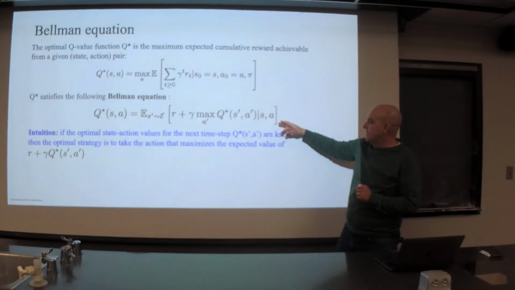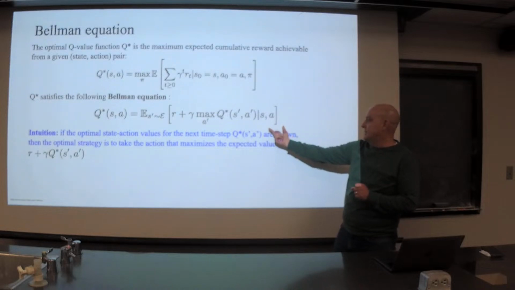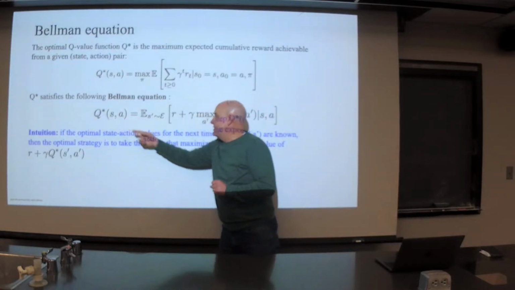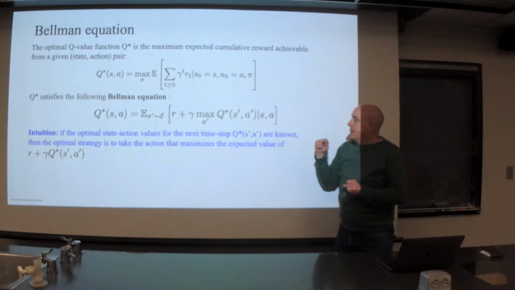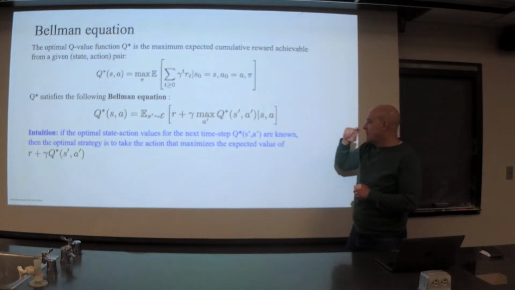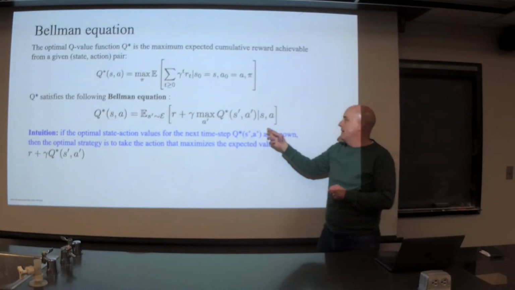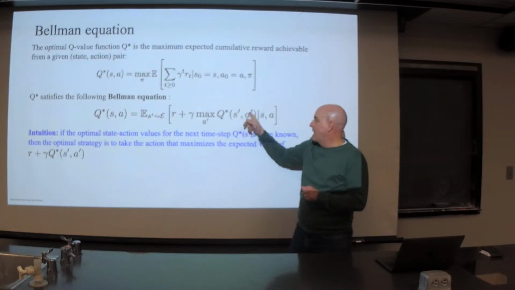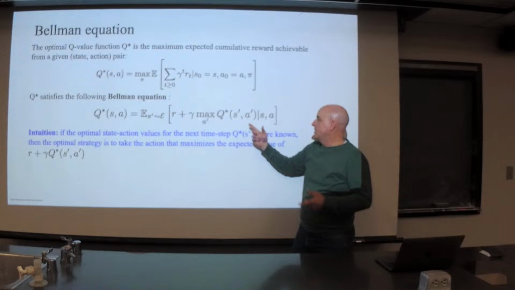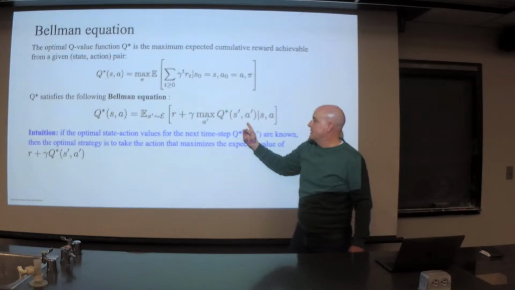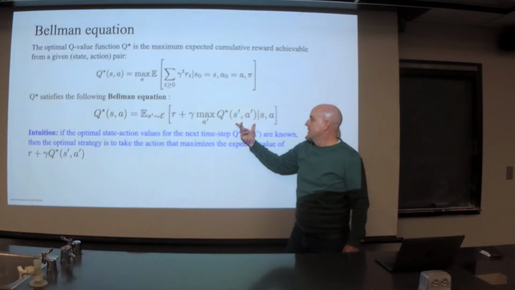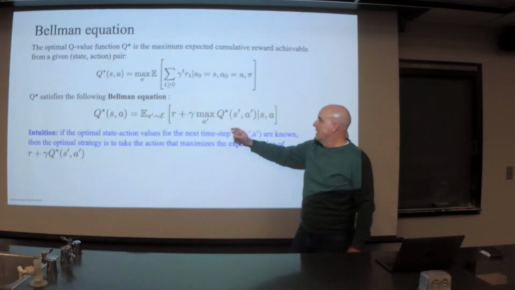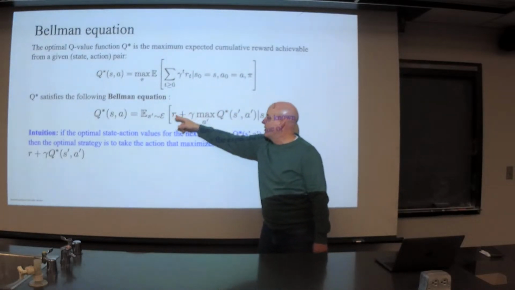It's saying that if I'm in this state and I take this action, S, A, then the optimal thing to do from there is that in the next step, which is what these primes are, the next state and action should in some sense maximize again the optimal Q value function.